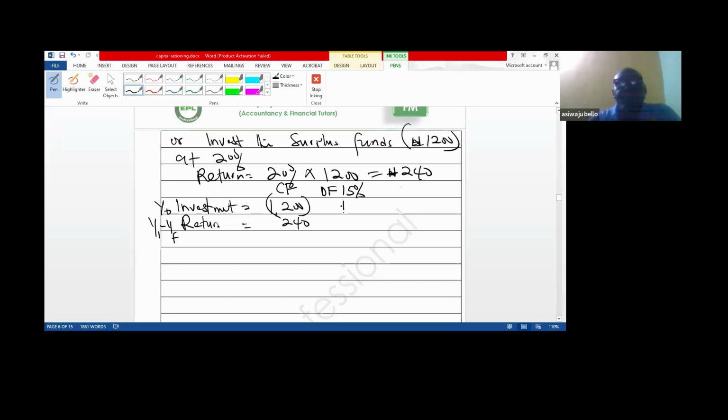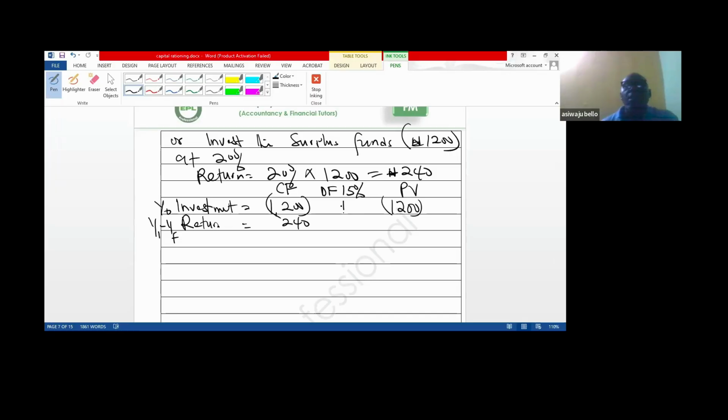Calculate the present value of a cash flow to infinity. How do we calculate the present value of a cash flow to infinity? Any idea? That is the cash flow over the discount factor.